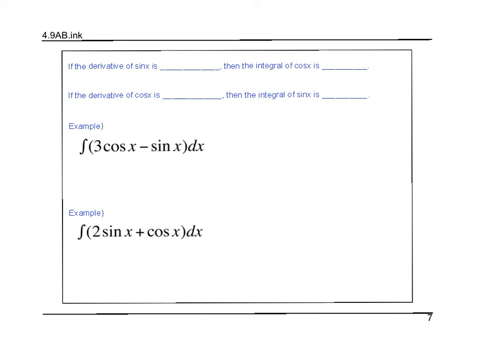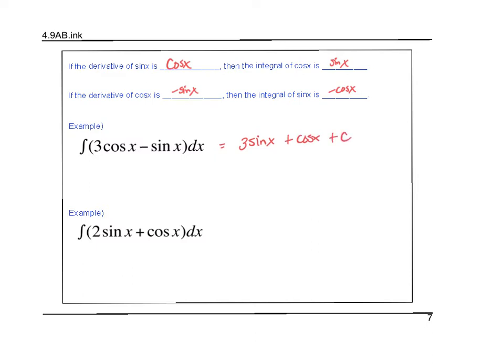Okay, other rules that we want to antiderive: if the derivative of sine is cosine, and therefore the integral of cosine is sine, right? It works backwards. If the derivative of cosine was negative sine, then the integral of sine is negative cosine. Okay. So this one would become 3 sine x plus cosine x plus c.